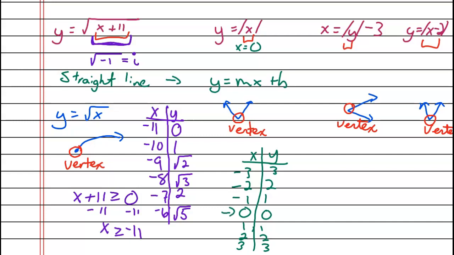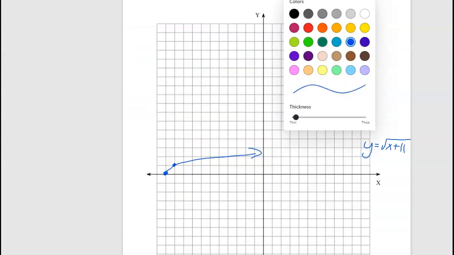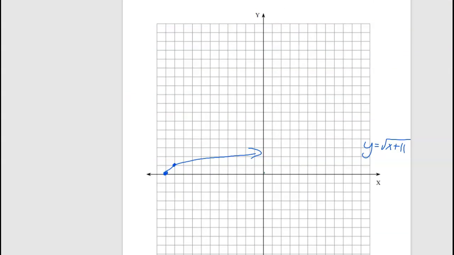If you always start at 0 and just go positively, you're not going to get the full shape. You're only going to get part of it. So if I were to just start this one at 0, well, I'd get this. And I would only get this part of the shape.